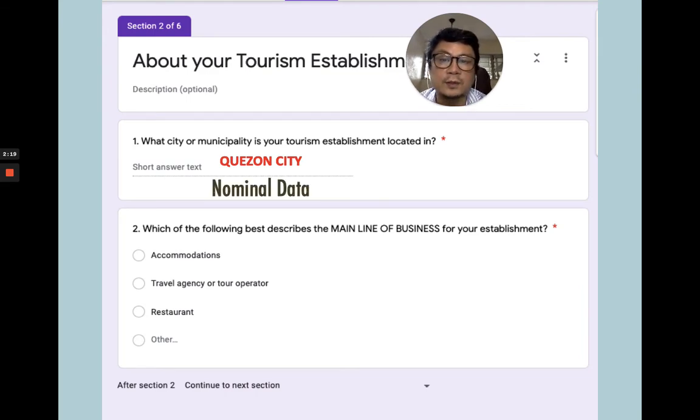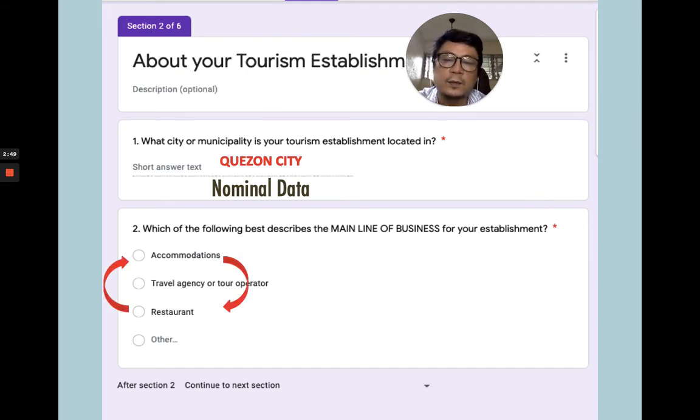Actually, the question of what city or municipality is your establishment located in is an example of nominal data. Okay, we can group the respondents in terms of what their answers are. So we can identify this group of people came from Quezon City, this group of people came from Tagbilaran City, or the municipality of San Jose. Okay, nominal data.